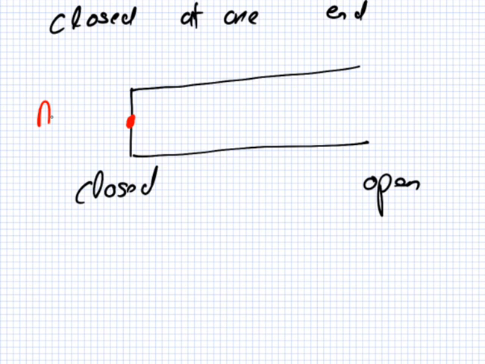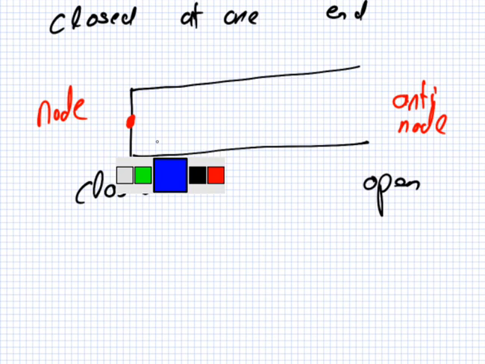Also, the first harmonic is also called the fundamental. So this is the fundamental harmonic, second harmonic, third harmonic, fourth harmonic. You need this to happen if you want to hear a musical note.